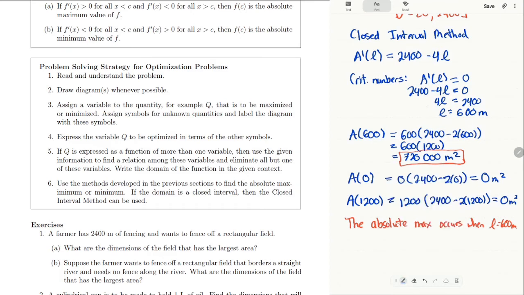So now that we have the length, we can determine the width from the perimeter equation. The width is 2400 minus 2 times L. So that's 2400 minus 2 times 600, which gives us 1200 meters.